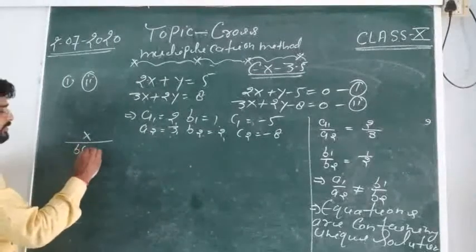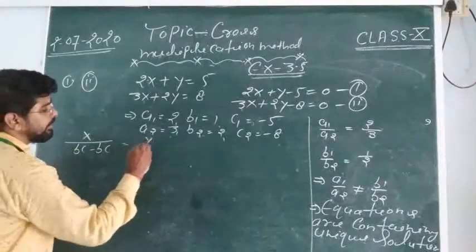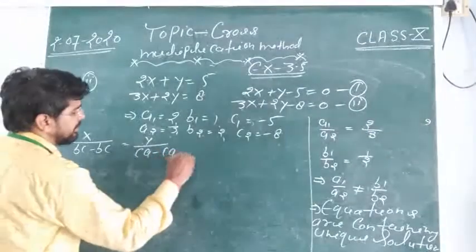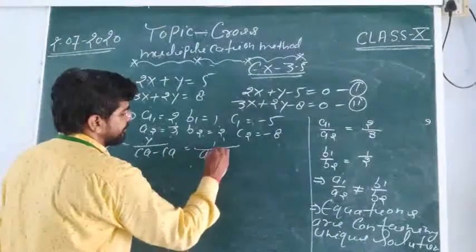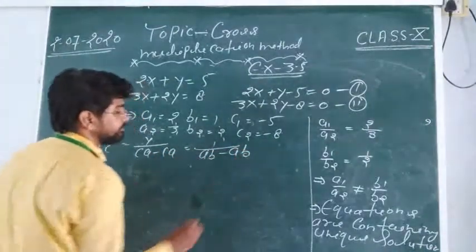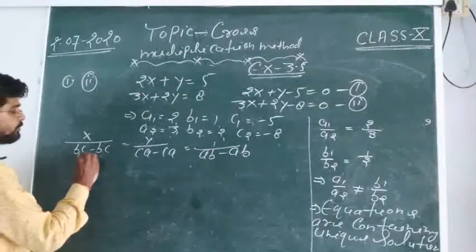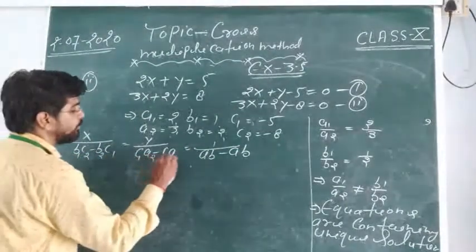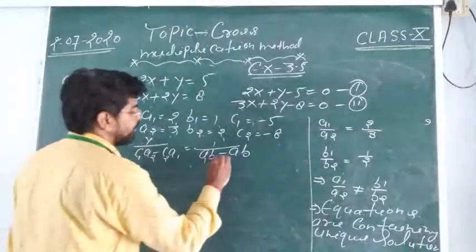x upon b1c2 minus b2c1 is equal to y upon c1a2 minus c2a1 is equal to 1 upon a1b2 minus a2b1.